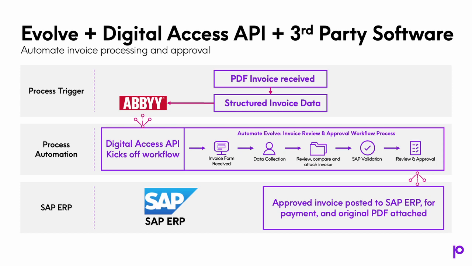So anything that needs to happen with that invoice in terms of reviews, data additions, data enrichment or enhancement can go through. Within that process, you can open that original PDF, you can do the compare, and then you can attach it to the record. You can do the data validation again, as I talked about earlier. And once that final approval is received, that invoice automatically gets posted into SAP for payment, as well as having that original PDF attached to it.